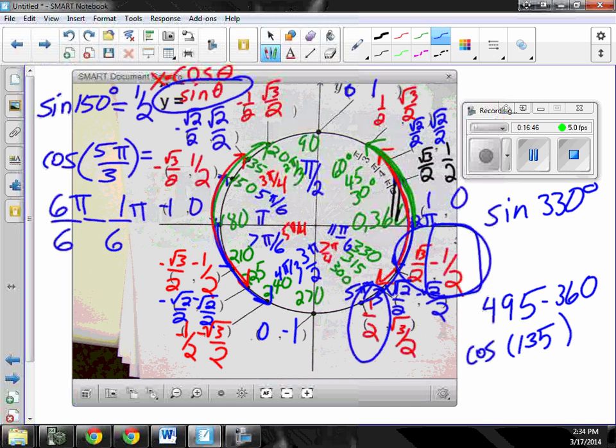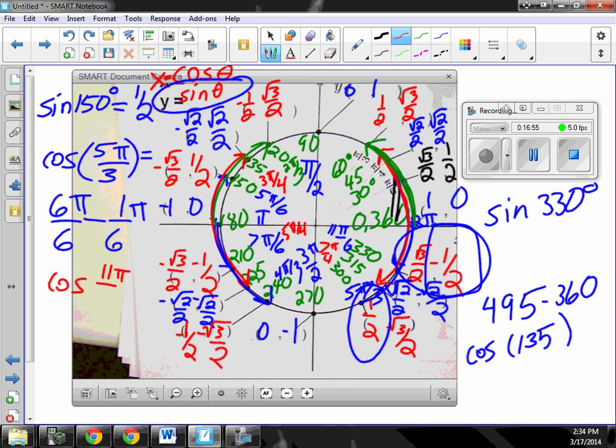For instance, what about the cosine of 11 pi over 3? Well, that's too big, right? Halfway around the circle would be how far? 3/3.